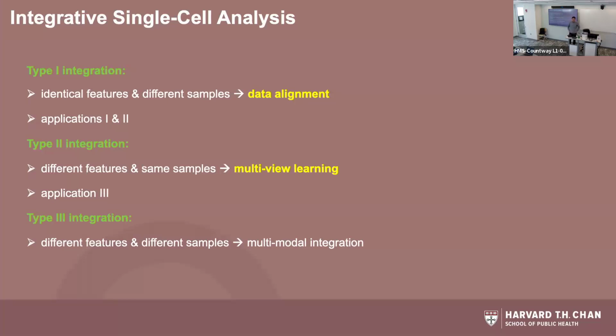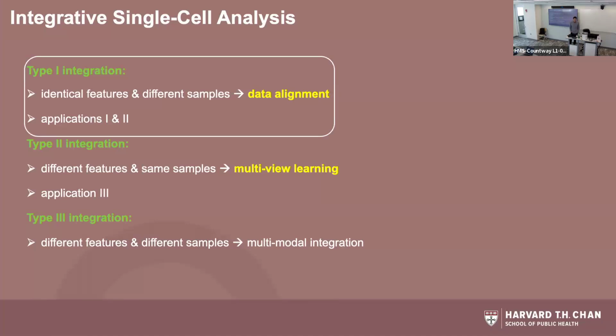There is no natural correspondence between the cells, so you have to either computationally make the correspondence or even use some other experimental strategies. In this case, we have neither paired samples nor paired features. So we could generally call it multi-modal integration. It's a more challenging task. And in this talk, we're going to focus on the first type of integration. If time allows, we can mention how it is possible to extend to other types of integration.